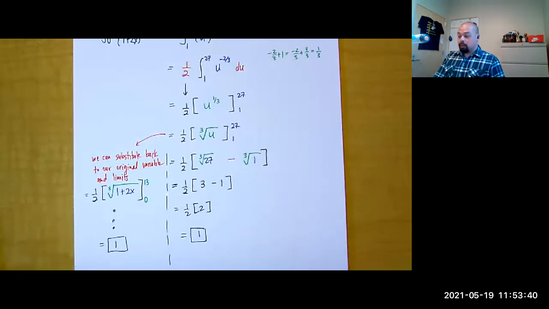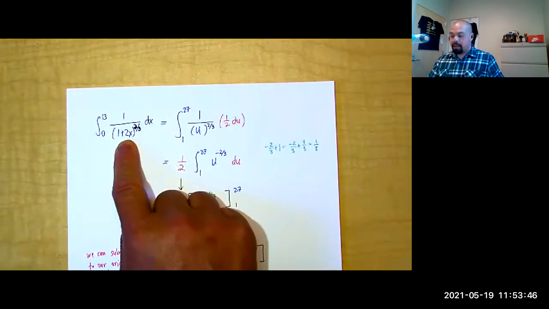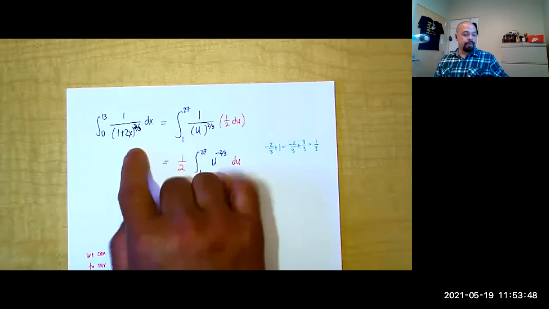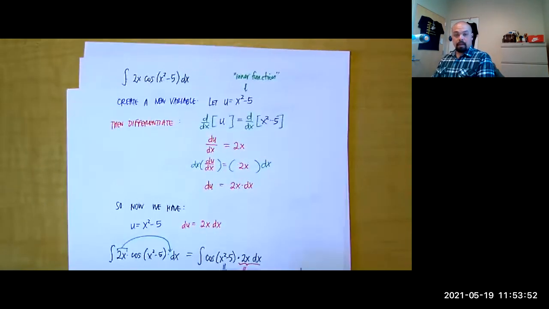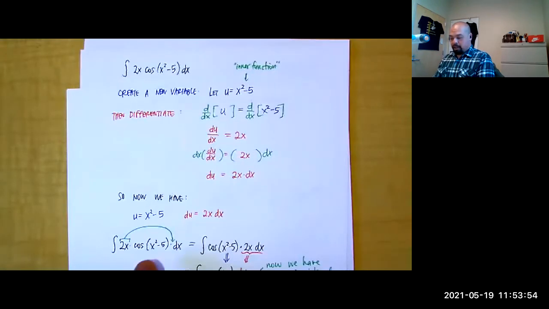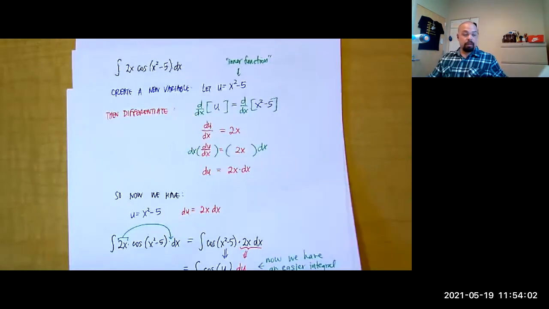All right. So as long as we can see the relationship of the derivative of the inner function appearing in that same expression, probably a little bit more apparent with our cosine problem earlier, the inner function and its derivative showing up, and it should be a multiplication, not adding together, multiplication together.